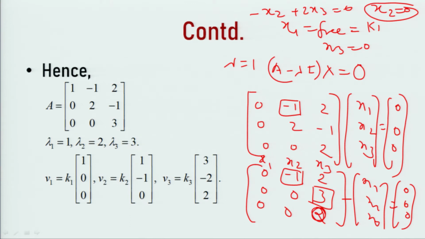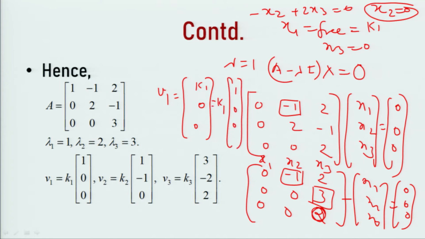So, we get the vector v1 in column form, k1 and this x2 is 0, this is 0. You can take k1 common, so we have the vector (1, 0, 0). So, we get one eigenvector corresponding to eigenvalue lambda equal to 1.